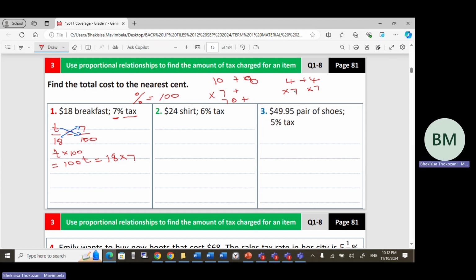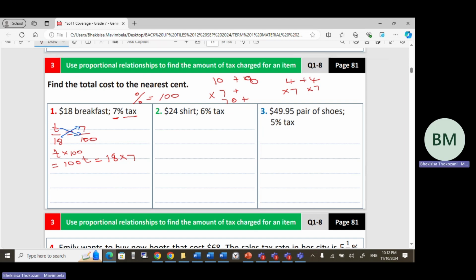Now, we all know what 7 times 2 is, which is 14. So if we say 4 times 7, this will be 28 because this is double. So this is now 28 plus another 28 here. So we can just add these two, 28 plus 28.